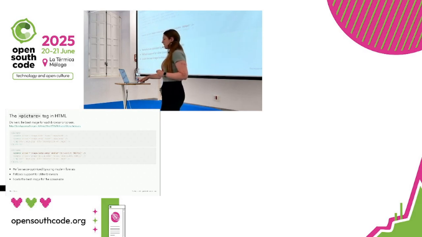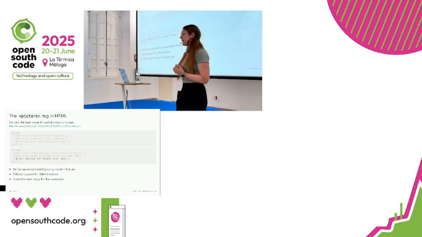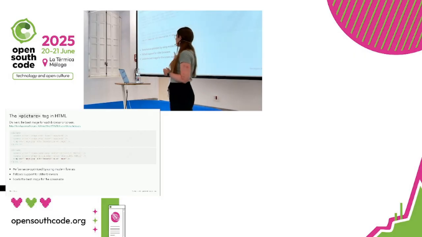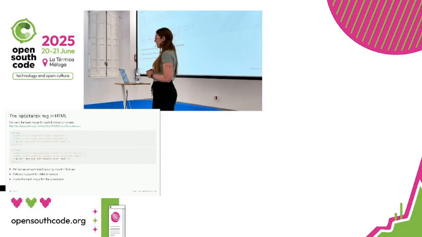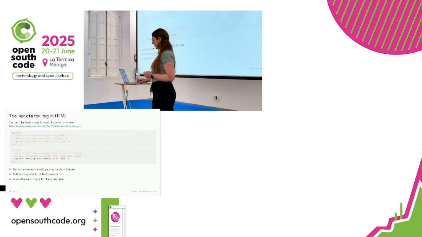If that's not the case, but I am using a medium size device, the second media condition is going to be met. So then we are going to use that other image. And if the device is a mobile, meaning that none of those conditions are met, we are going to use the default image here. We can do a combination of these two. We can combine image formats and device sizes.